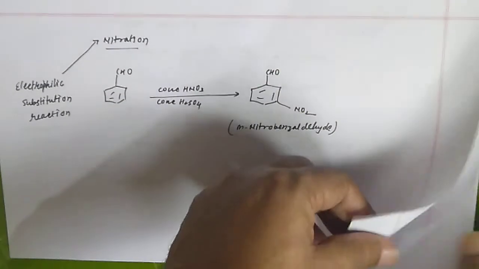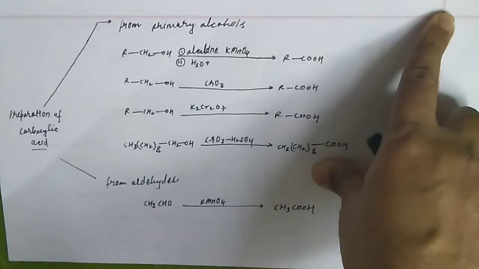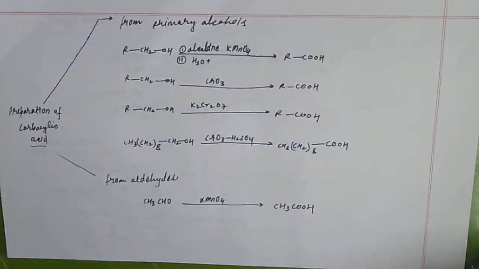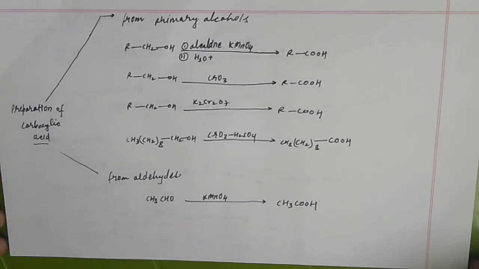Now we are going to the preparation of carboxylic acid. This is also a very important topic from the board exam point of view. There are numerous methods to prepare carboxylic acid. The first method is from primary alcohol. Primary alcohol, if oxidized with Baeyer's reagent or alkaline KMnO4, will give the carboxylic acid.